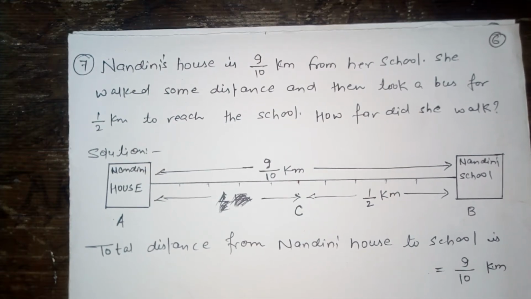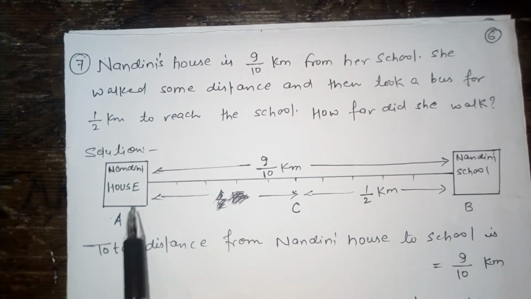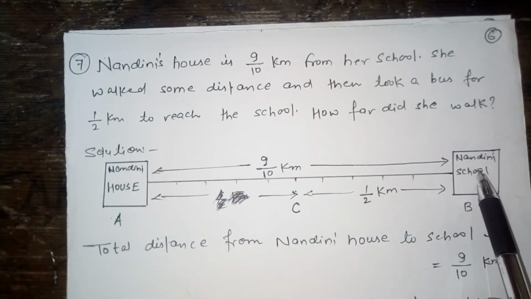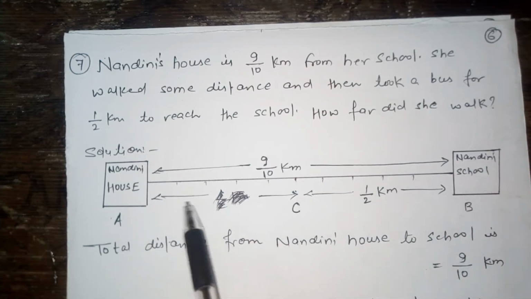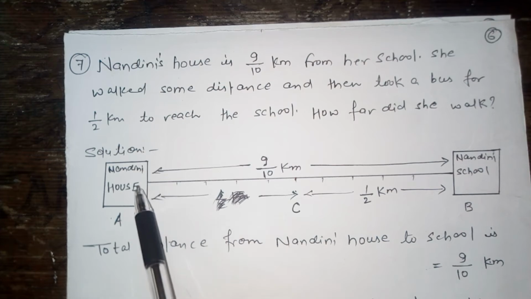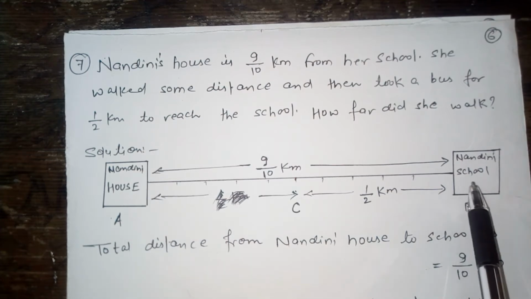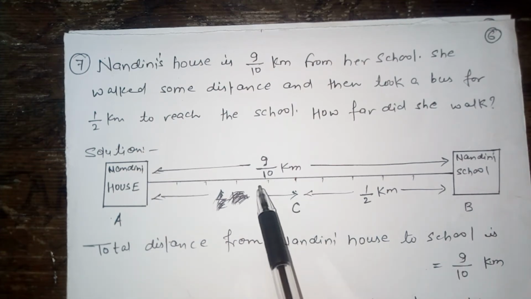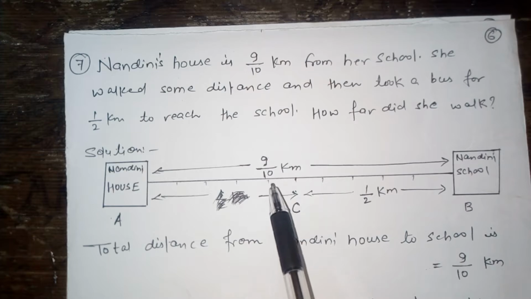Now, we will discuss. My dear students, this is Nandini's house and this is Nandini's school. The total distance between Nandini's house and Nandini's school is 9 upon 10 kilometer.